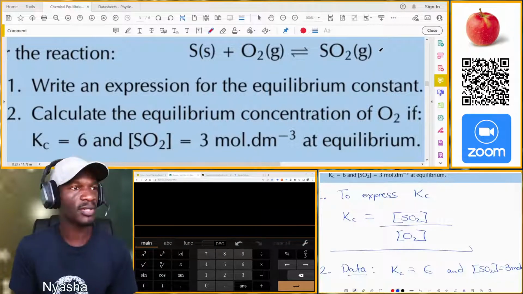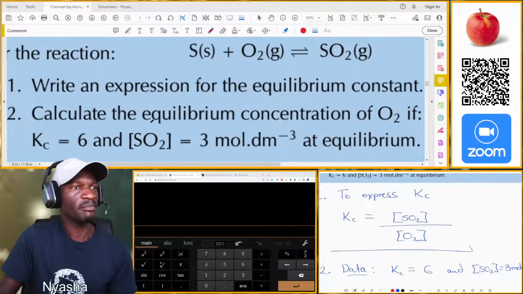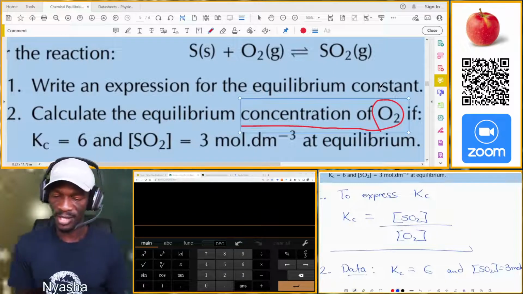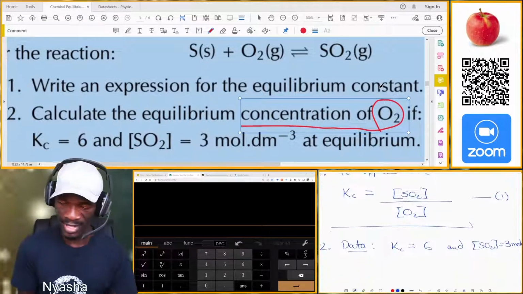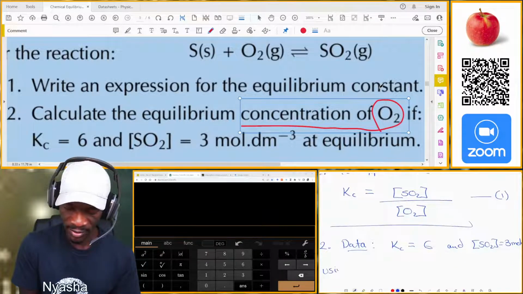So we want to calculate the equilibrium concentration of O2. So let's use equation number 1.